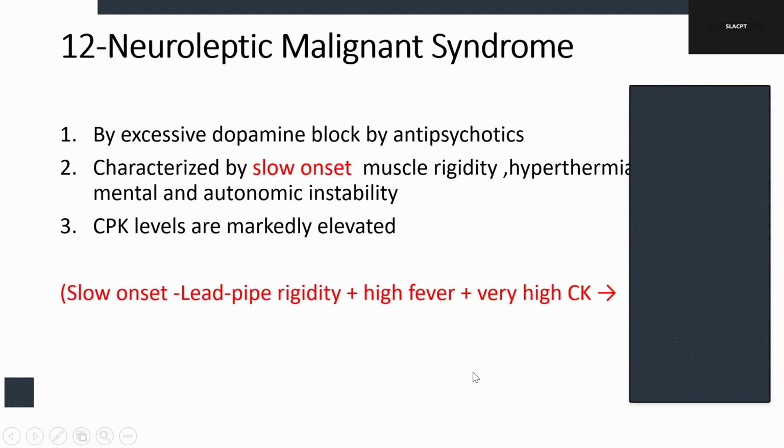Neuroleptic malignant syndrome, the third one. This is caused by excess dopamine blockade by antipsychotic drugs. Various kinds of antipsychotic preparations are available in clinical practice.